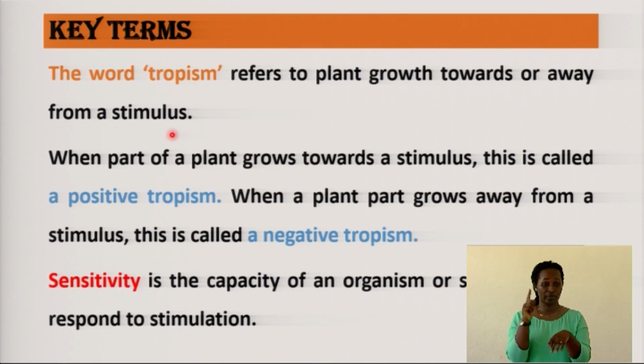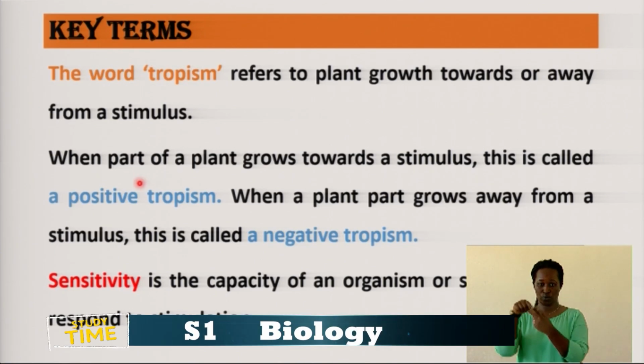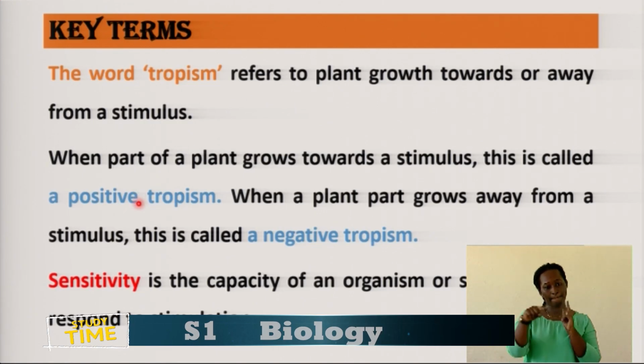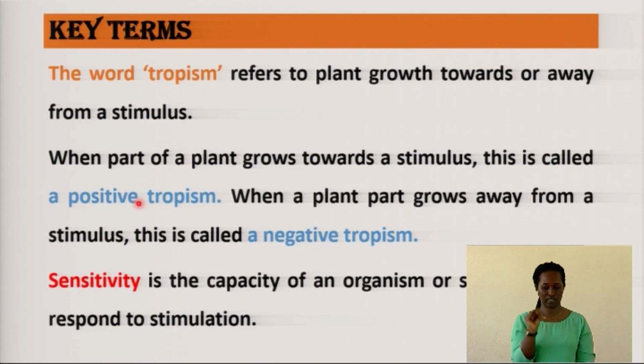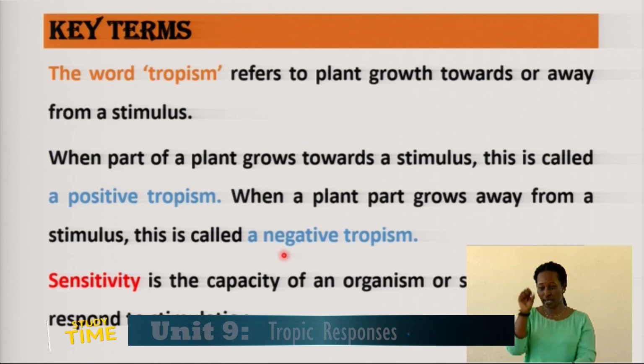When part of a plant grows towards the stimulus, that is what we call positive tropism. And when a plant grows away from a stimulus, that is what we call negative tropism.